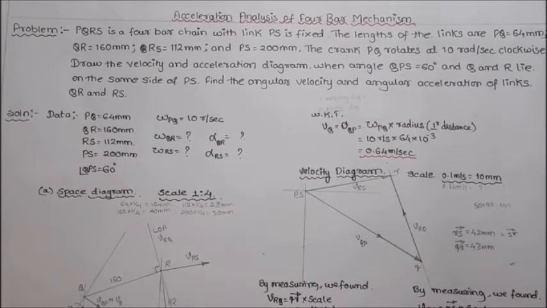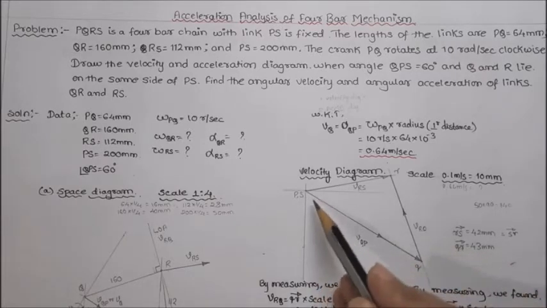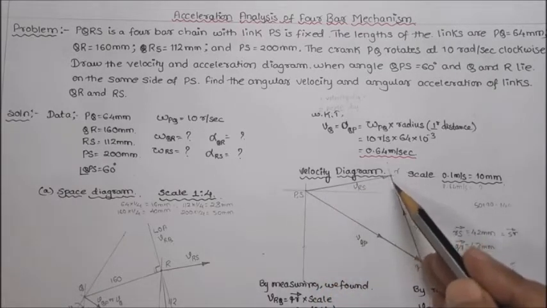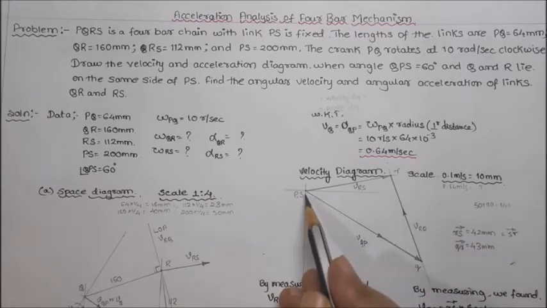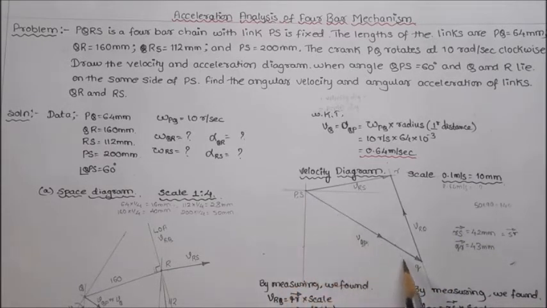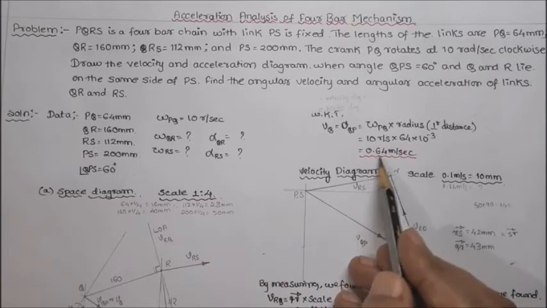Let us begin our new part, that is drawing an acceleration diagram. Before going into drawing the acceleration diagram, let's understand the velocity diagram, a recap of what we have done. So this is the vector pq, that is velocity of q over p, which we have got from the initial part.